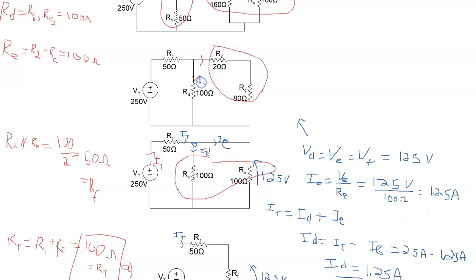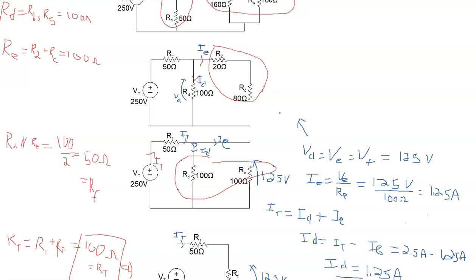We know that value. We have IE right here. We know that value. In actual fact, we agreed that we know VD as well, right? Because it was equal to VE, at 125, and so we can bring those values up to this circuit.